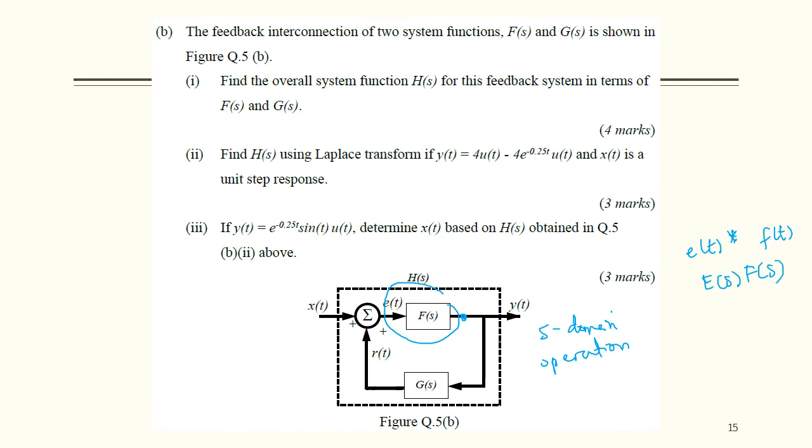H(s), represented by the dashed box, is basically the filter function. If you still remember, H(s) is basically the ratio of the output to the input.